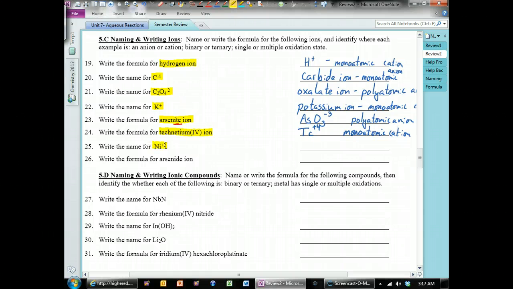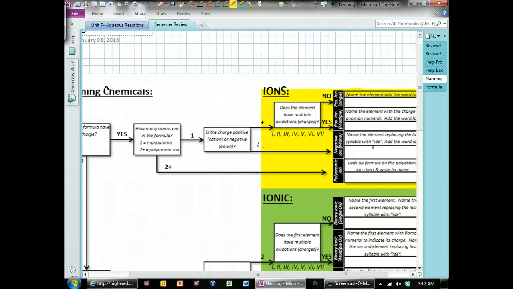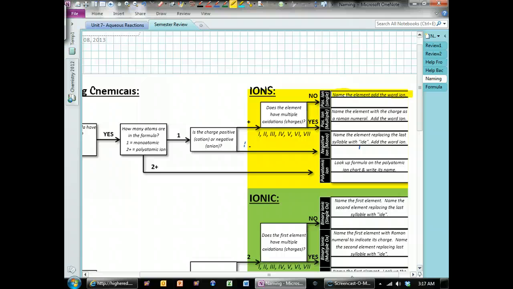The next example, Ni +2. When we're naming this one, it's an ion, but we end up answering yes to this question right here: does the element have multiple oxidation states?